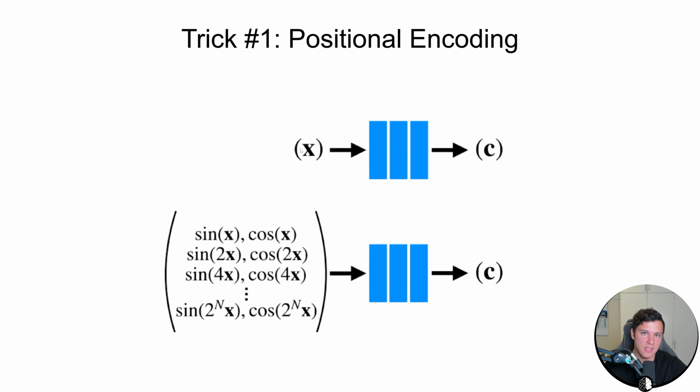They just take these X, Y, Z, viewing angle. They do some transformation by doing sine and cosine of those values, and then they multiply by 2 and 4 and basically some power of 2. And they do that a lot of times until they get a higher dimensional space. So basically, then the neural network has more weights connected to the input, and it seems to work better.